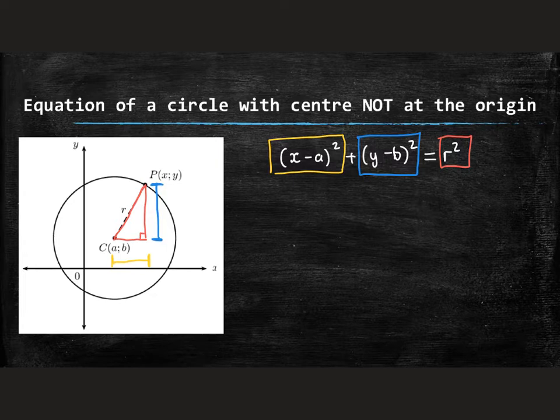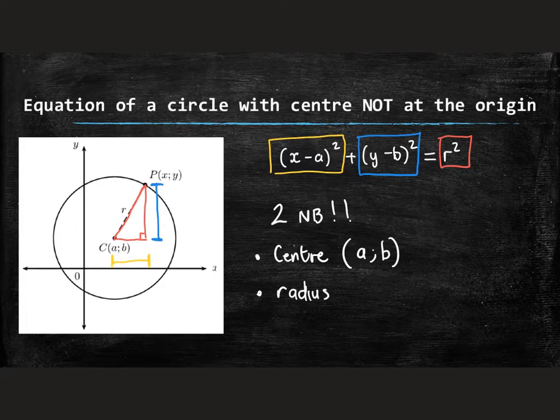What we notice here, importantly, is that, whoops, daisy, that's a highlighter, not a pen. Two important things. This equation tells us two things. The one thing it tells us is the center, and the center of our equation is described by the points a and b. It also gives us the radius.